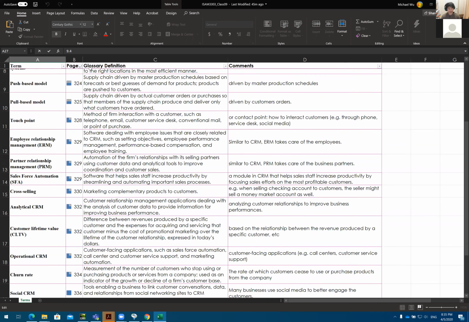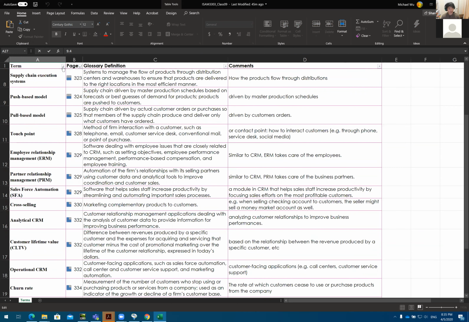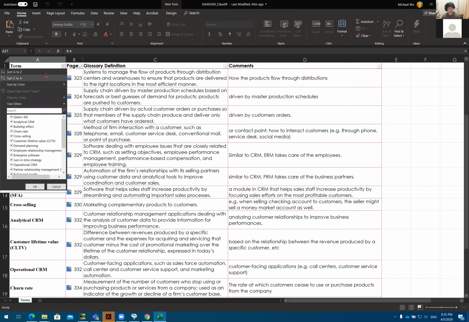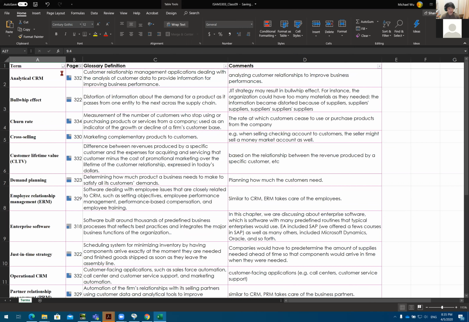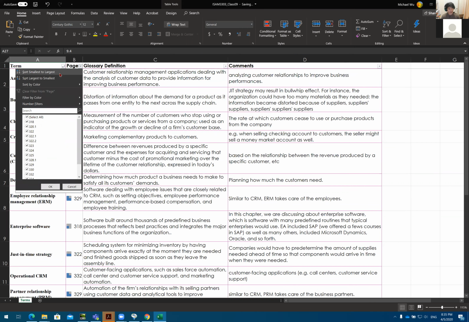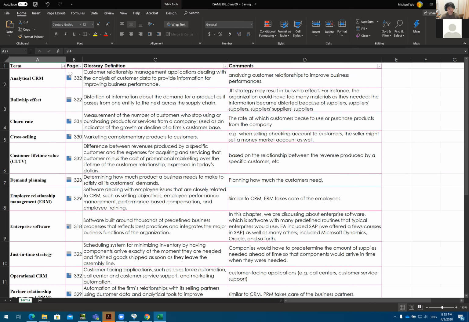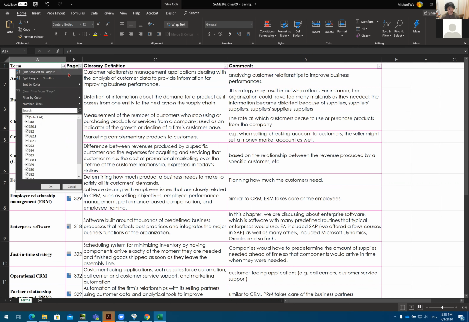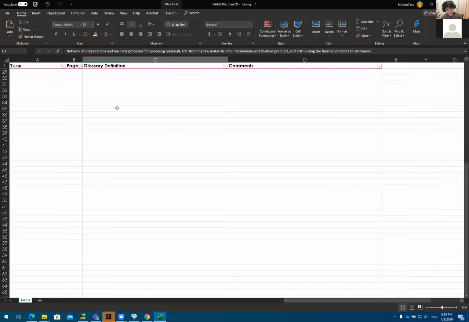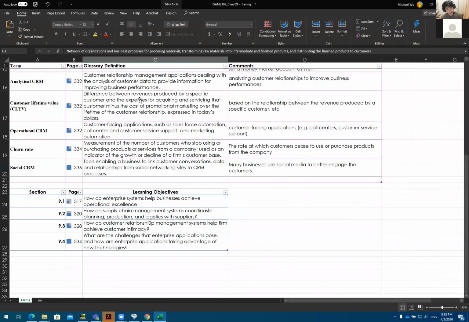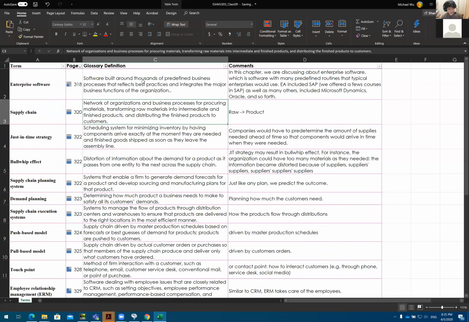Again, this is an Excel table. The advantage of an Excel table is that you can always sort by the terms, but for now, I'm just going to sort it by the page by expanding the filter button. Okay. So I'm just going to go over these words because that's what the book is about, and they do have a lot of examples.